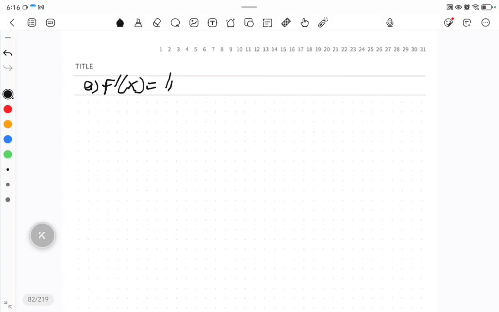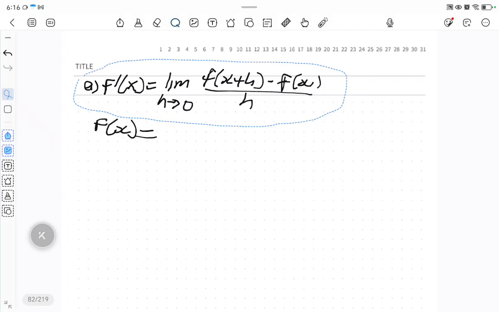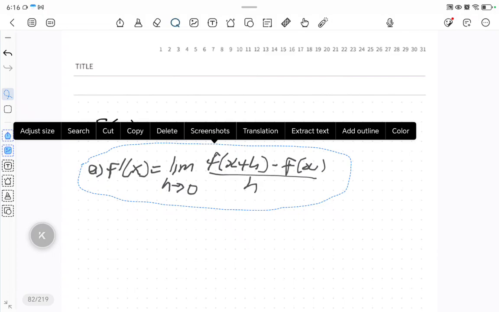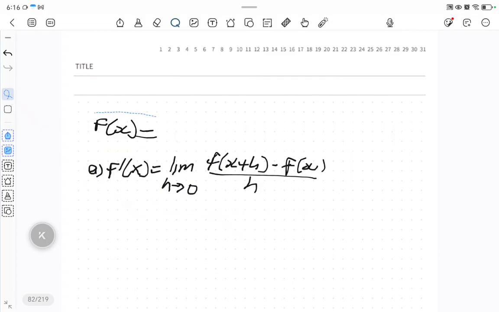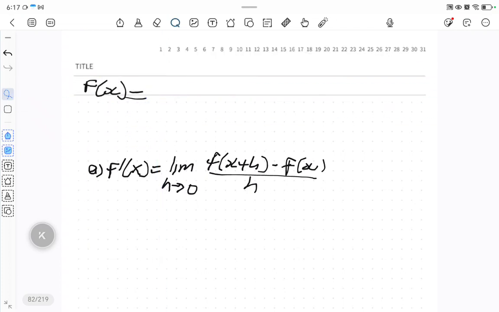This is equal to the limit as h approaches 0 of f of x plus h minus f of x all over h. Don't forget f of x is equal to what?